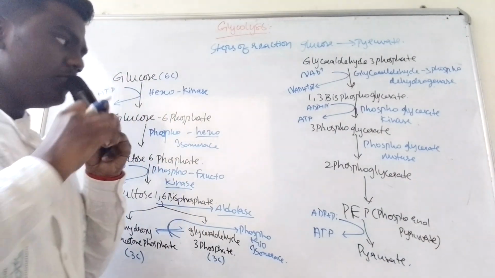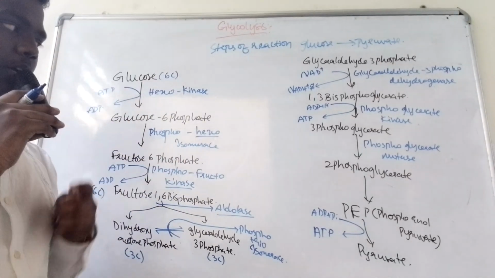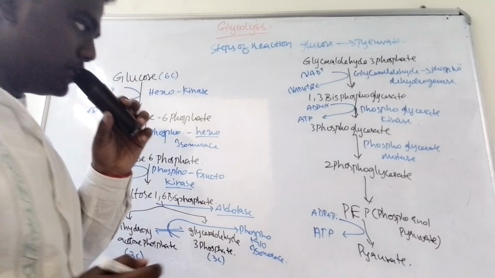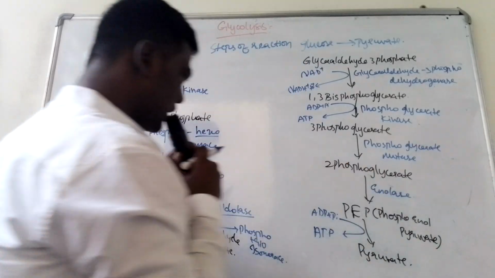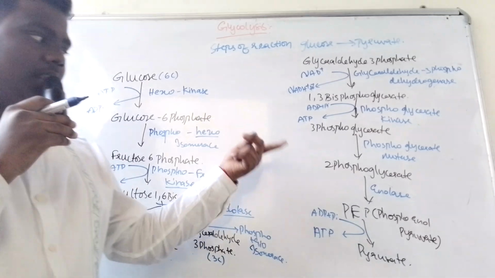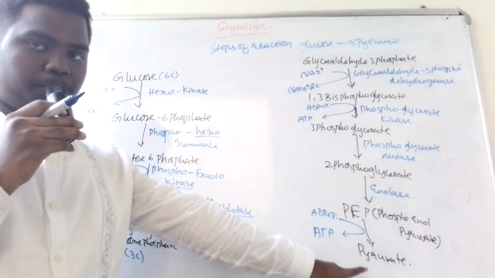Okay? Then conversion of phosphoglycerate to your phenol, that is the PEP, takes place through the enzyme enolase. Okay? Here it is aldolase, here it is enolase. Okay? And then coming to the last, that is conversion of PEP to pyruvate.